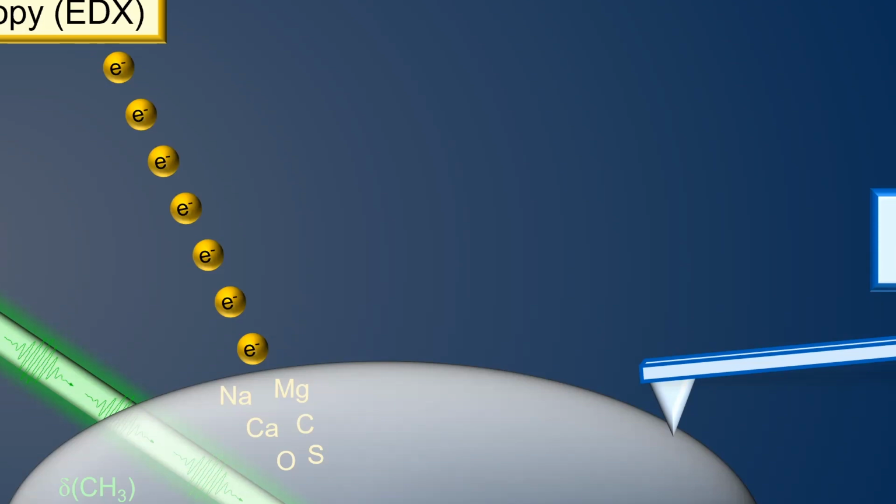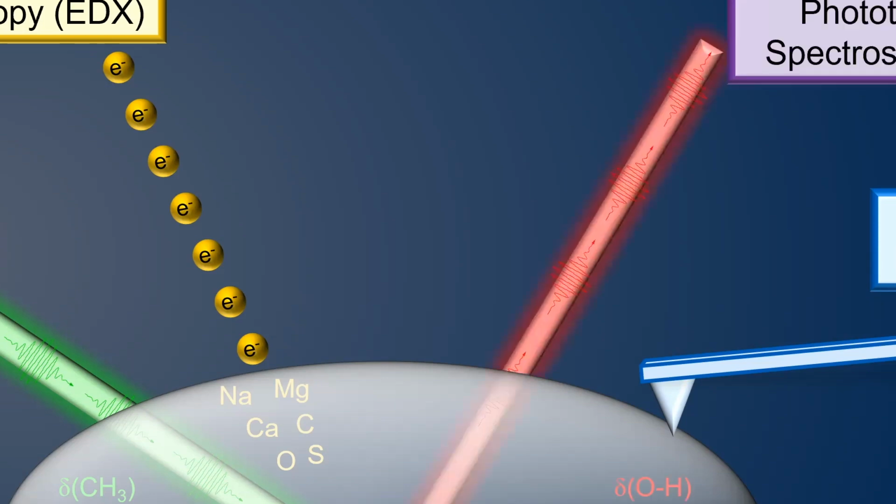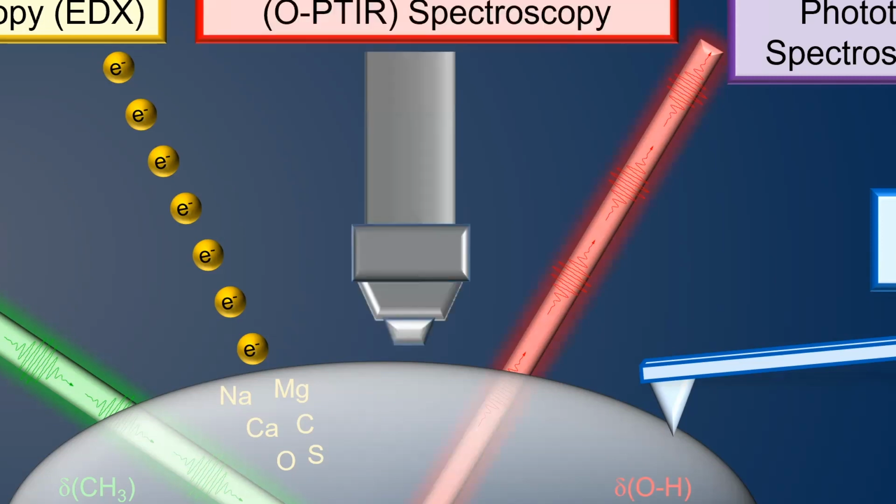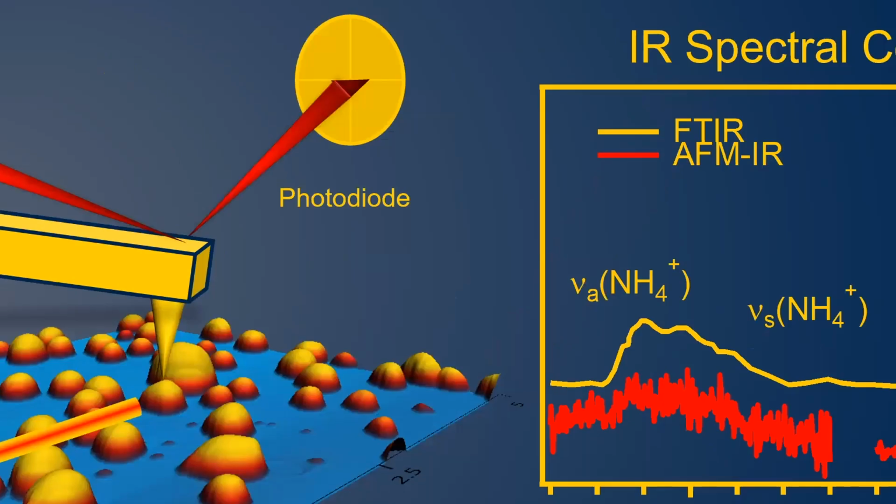But the things that we've really gotten into and are excited about are photothermal infrared spectroscopy, both coupled with atomic force microscopy, and more recently with the optical photothermal infrared spectroscopy, which has really become a workhorse in our lab in recent years. And so when we started with atomic force microscopy coupled with photothermal infrared, we published the first paper applying this to atmospheric particles with Amy Bondy, my first grad student here.